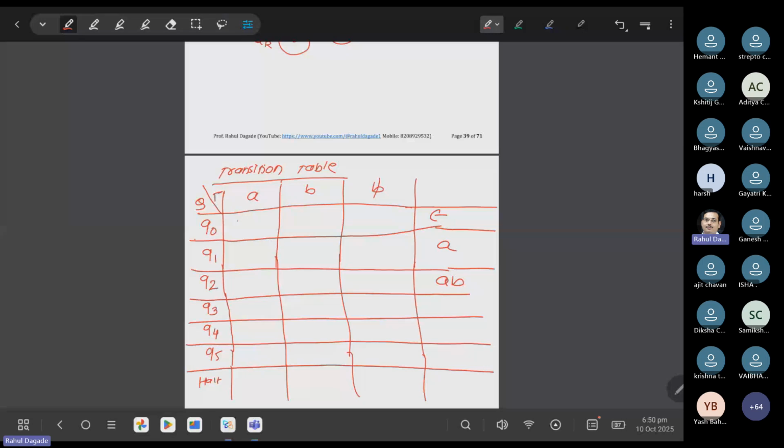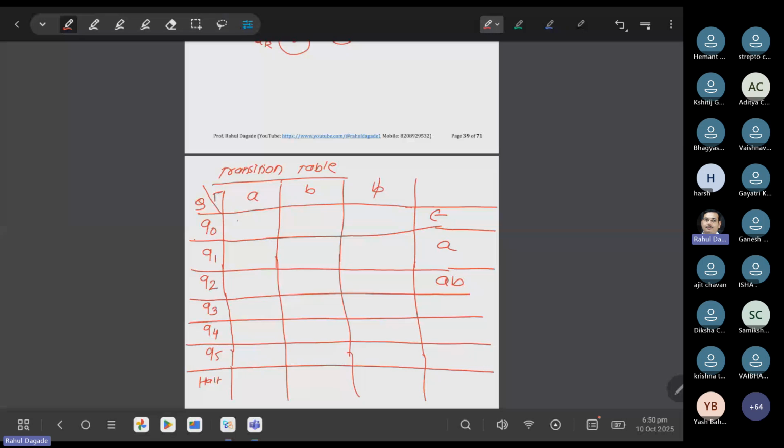Now in Q1 state, if I get A, I'll remain into the same state because I'll now read ABB. Out of that, I got A. And in AB state, that is after AB, if instead of getting B, I got A, in which state should I come?